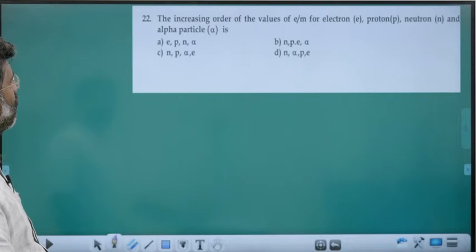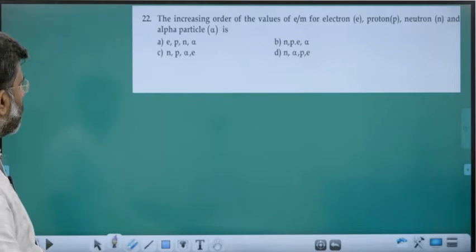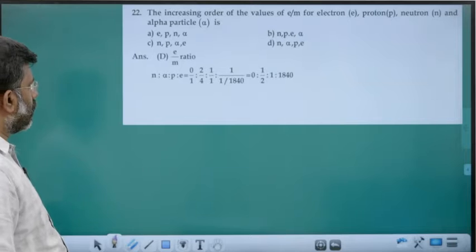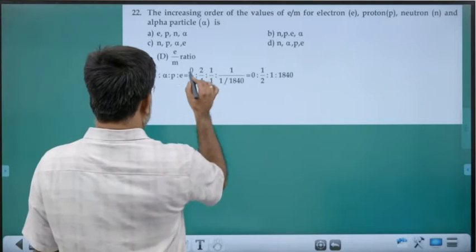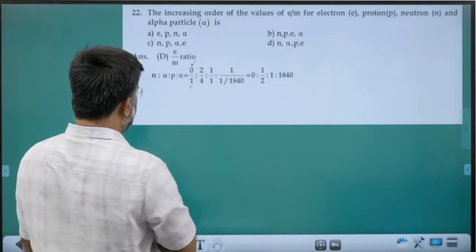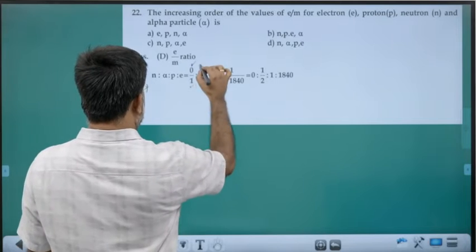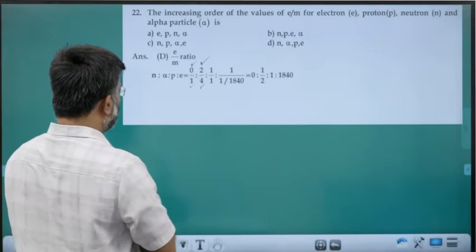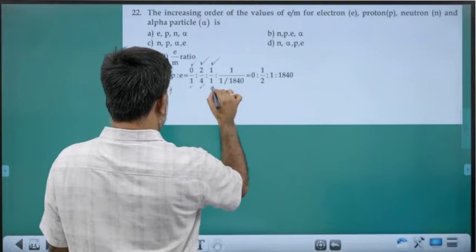The increasing order of value E by M for electron, proton, neutron, alpha particle. For neutron, charge is 0, mass is unit value. For alpha particle, charge is 2 plus, mass is 4. For proton, charge is 1, mass is 1.